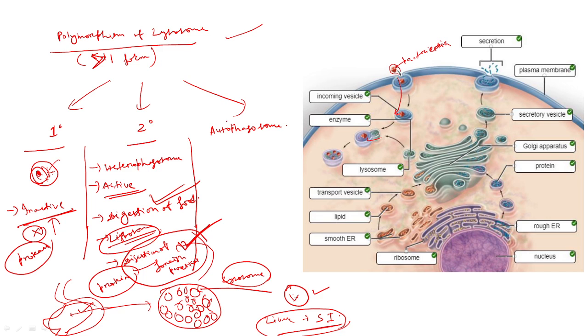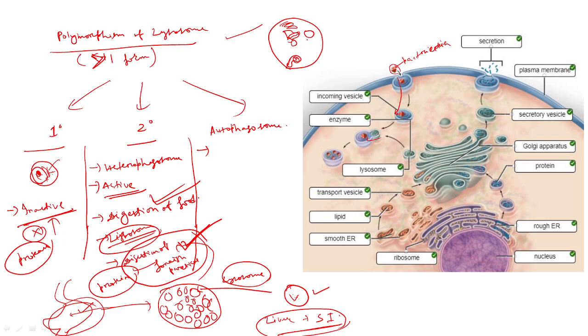And another is the autophagosome. Autophagosome means, let's suppose this is the nucleus, this is the ER, and this is the Golgi. This is the lysosome. This is, let's say, a mitochondria. If the mitochondria is damaged, it is now not in use in the cell.